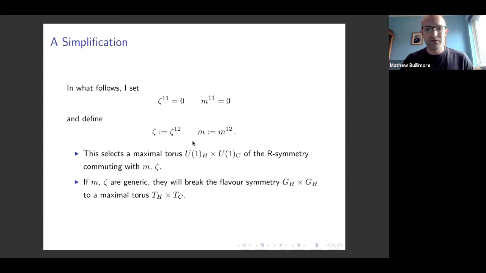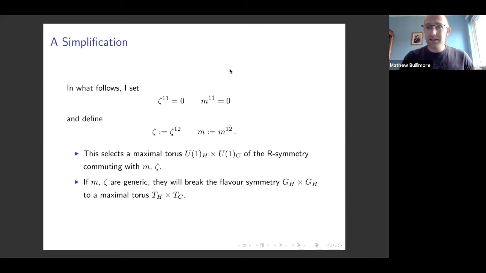That's the U1 factors here. So first of all, they break the R symmetry down to a maximal torus. And they also will break the flavor symmetry. And if they're generic enough, then they'll break the flavor symmetry all the way down to a maximal torus that I'll call TH times TC.